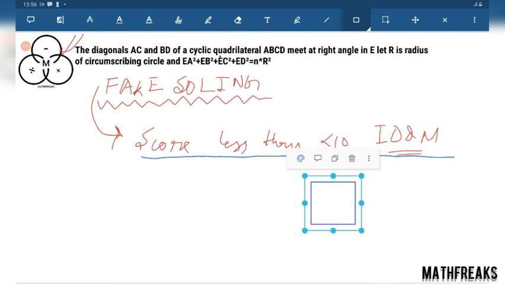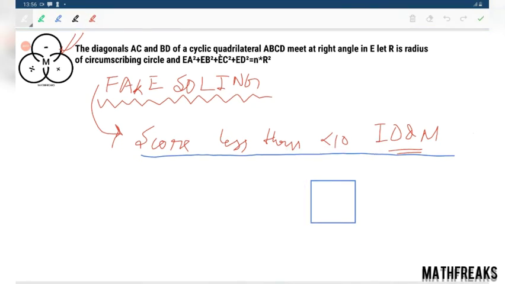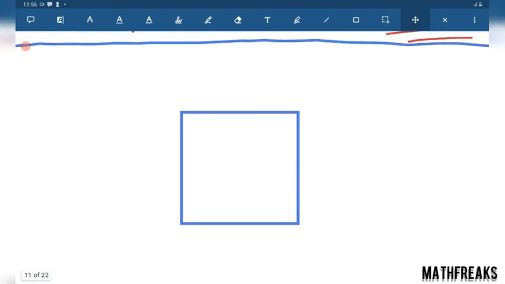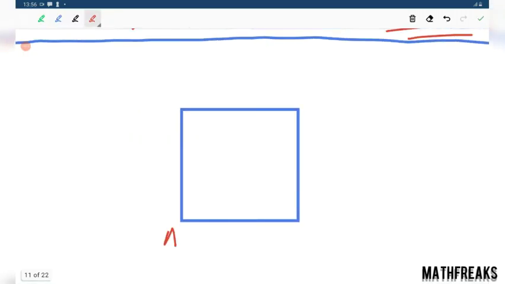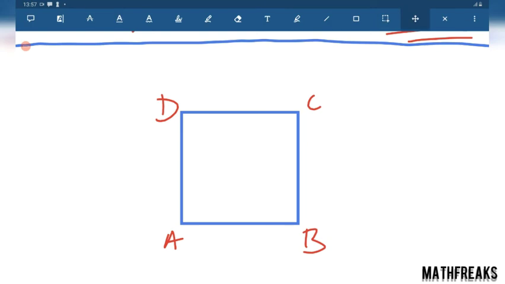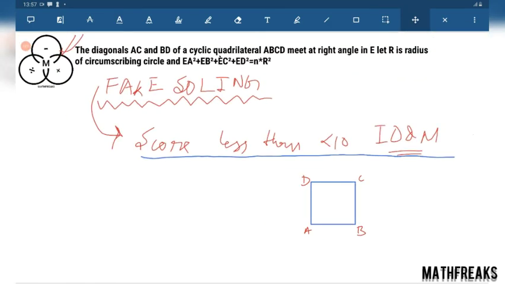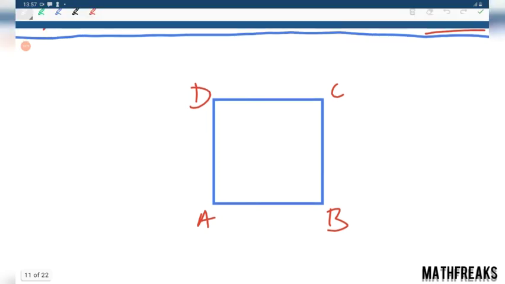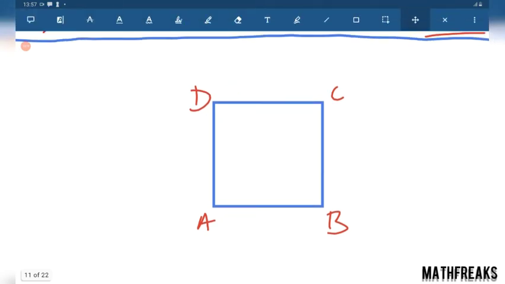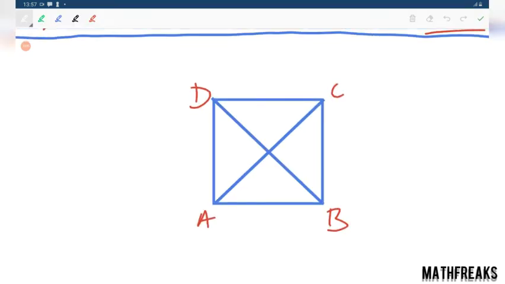The diagonals AC and BD of a cyclic quadrilateral ABCD meet at right angle in E. A square is definitely a cyclic quadrilateral.